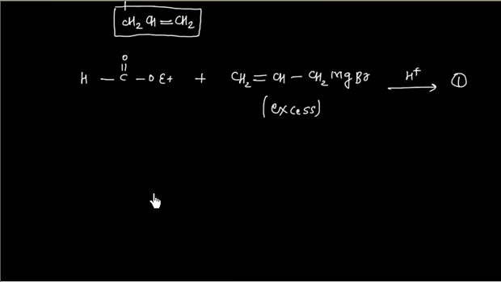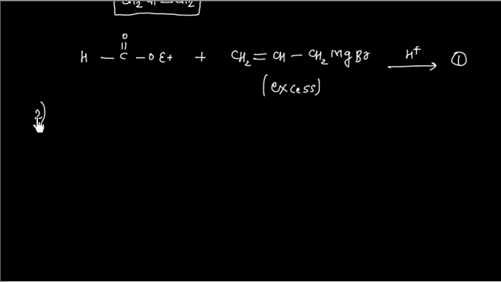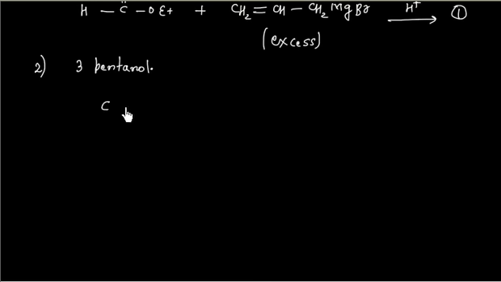Now let us take another example. Here we have 3-pentanol. So 3-pentanol, we have 5 carbons, and carbon number 3 contains one OH group.